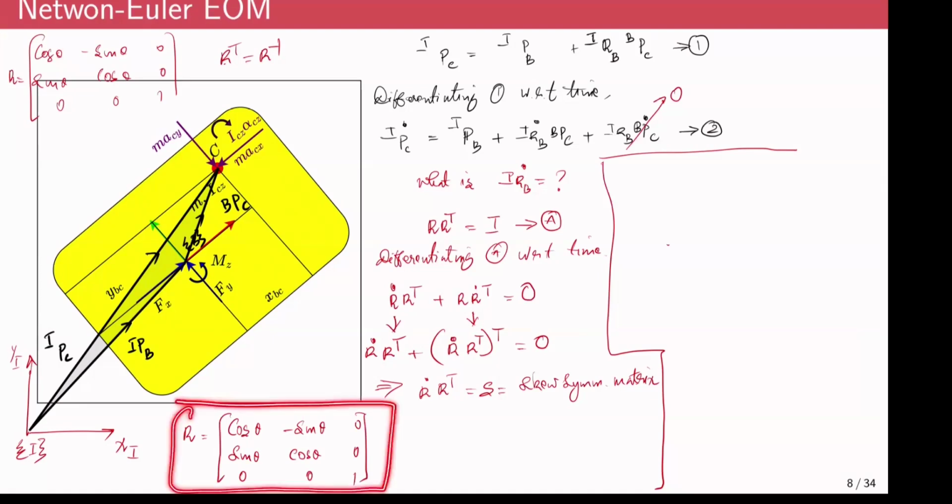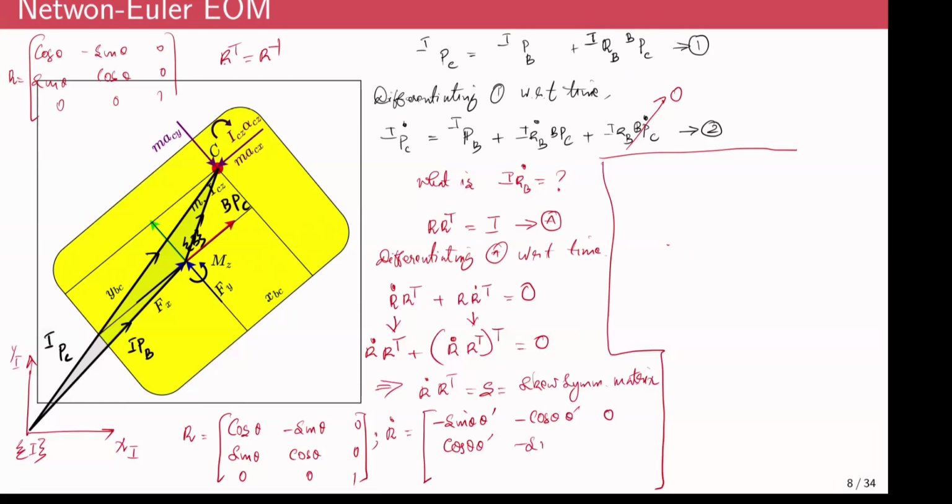Then how would R dot look? You have to take the derivative of each of the components within this R matrix. That makes it minus sine theta theta dot, minus cos theta theta dot, 0, then cos theta theta dot, minus sine theta theta dot, 0, then 0, 0, 0.